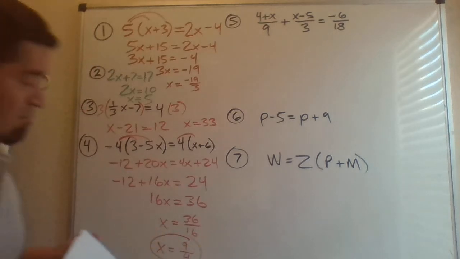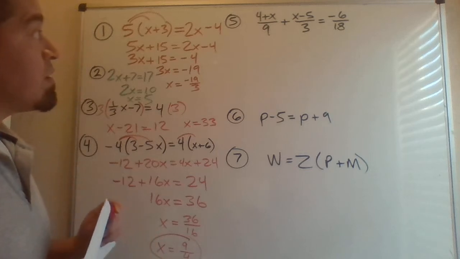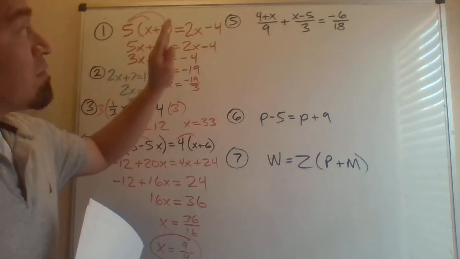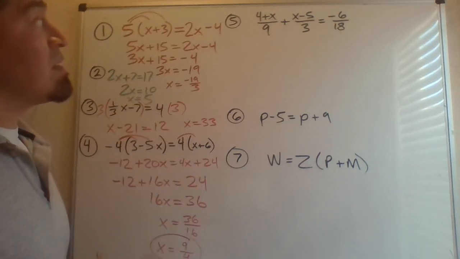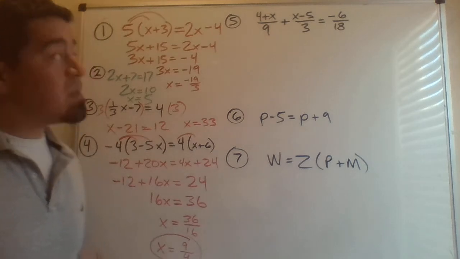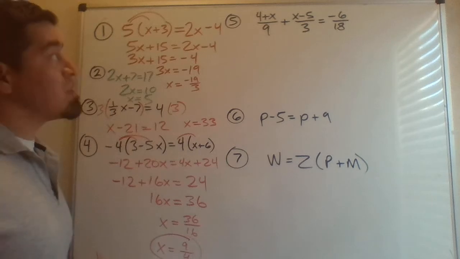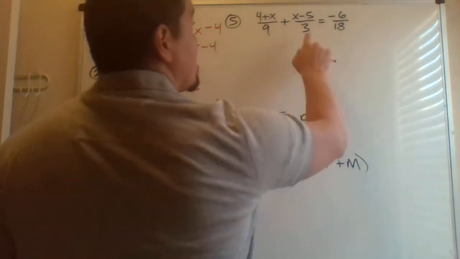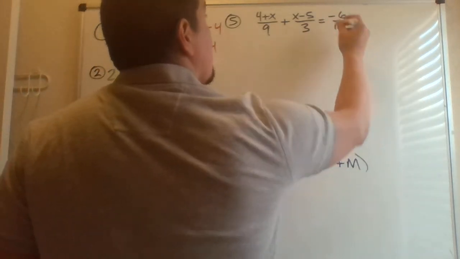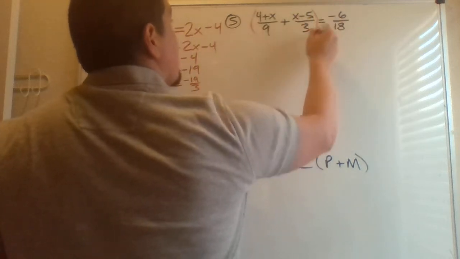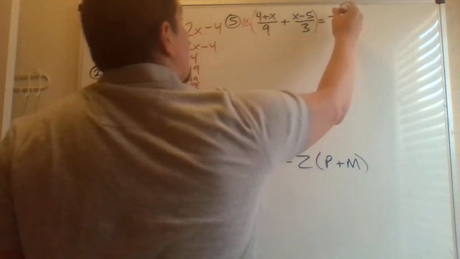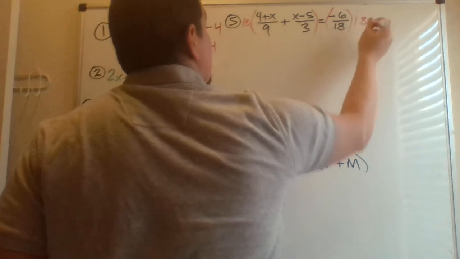Next question, again, we have that issue of we have a fraction or fractions. So what we want to do is multiply by the least common multiple of all the denominators, which is going to be 18. So I'm going to multiply both sides by 18, and this is going to look a lot easier.